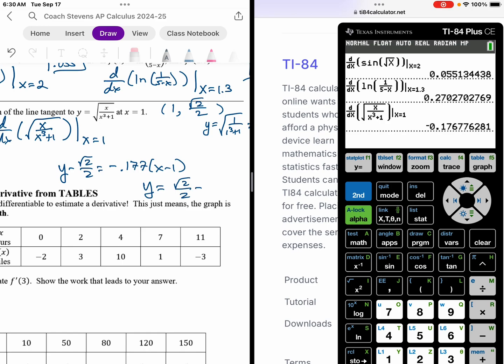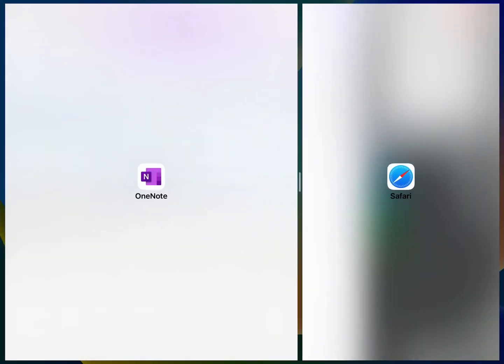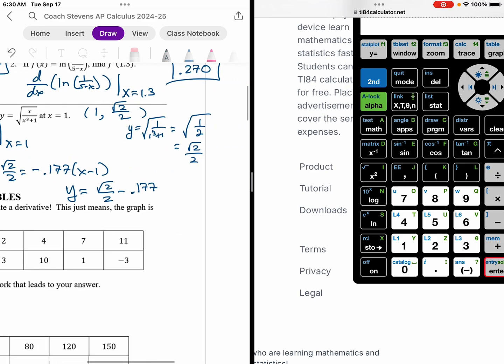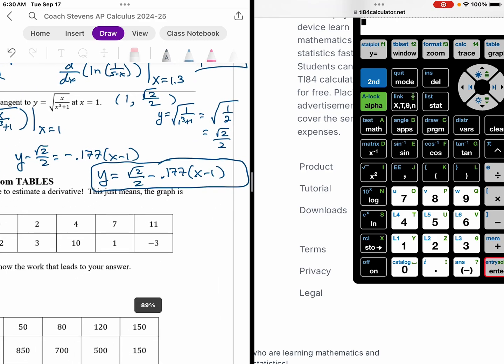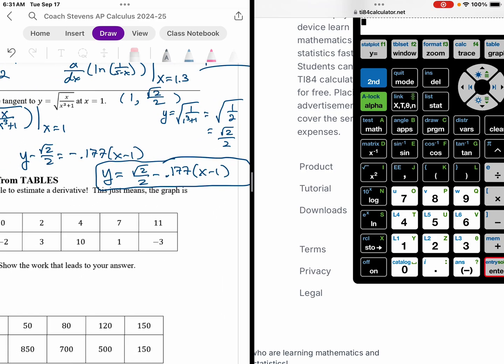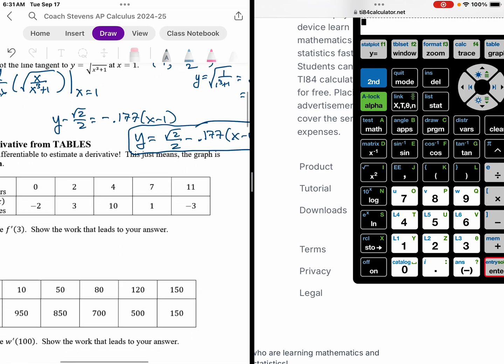So I would just move the root 2 over 2 over. And then don't worry about distributing that negative 0.177, and that's what I would focus on being my equation of the tangent line. That should keep us safe for some of the online stuff we do.